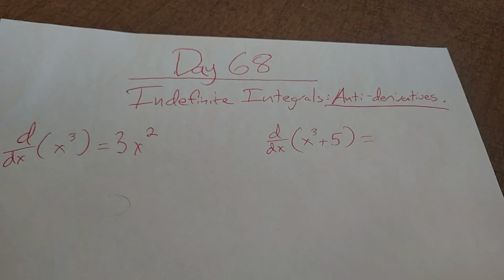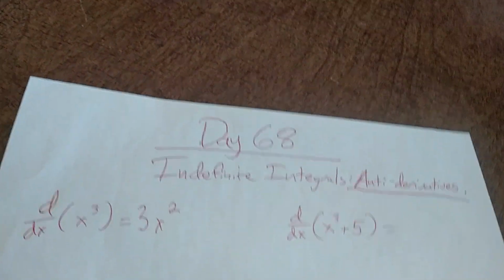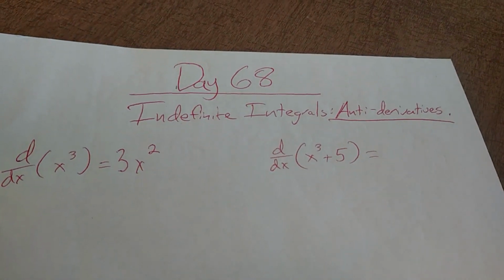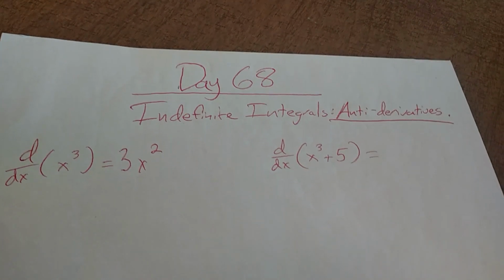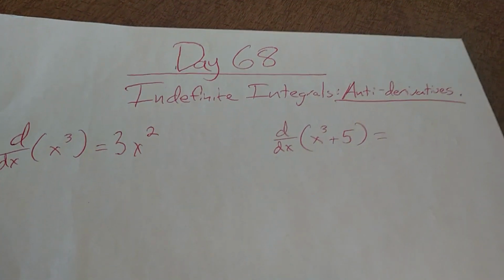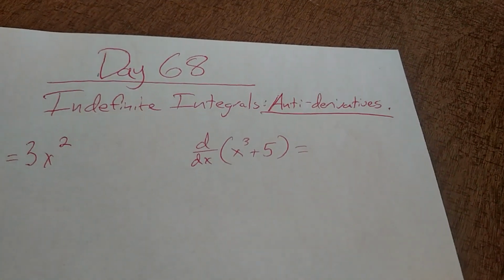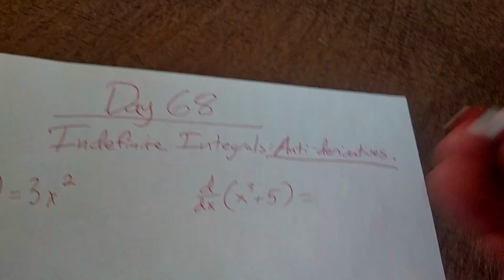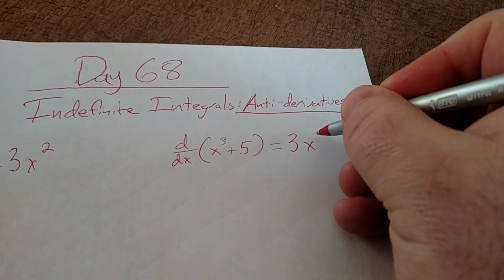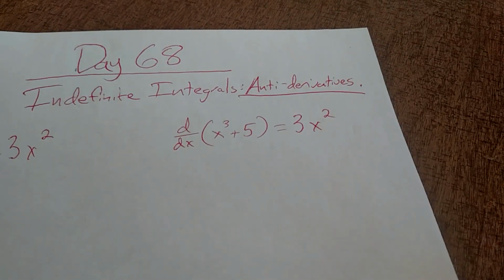But the interesting thing about derivatives is that the derivative of a constant ends up being 0. So the derivative of x cubed plus 5 would also be 3x squared.